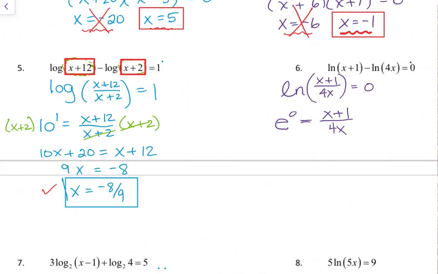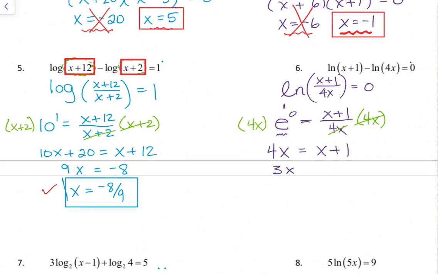And again, it's rational, so I'm going to clear out the denominator of 4x. And on the left-hand side, of course, e to the 0, anything to the 0 power is just 1. So on the left-hand side, I've got 4x times 1 is just 4x. On the right, the 4x's divide out, and so I get x plus 1.